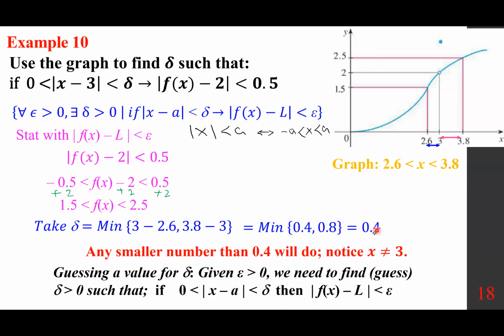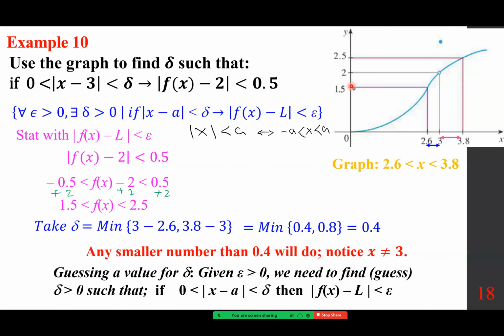I want to make sure we understand why minimum of the two, because if you choose 0.4, even on this side, it works. But if you choose 0.8 on this side, it won't work. If I choose 0.8, it goes further down and it won't be within the interval of interest as far as the y coordinate or f of x is concerned. That's why you must choose the minimum of the two.